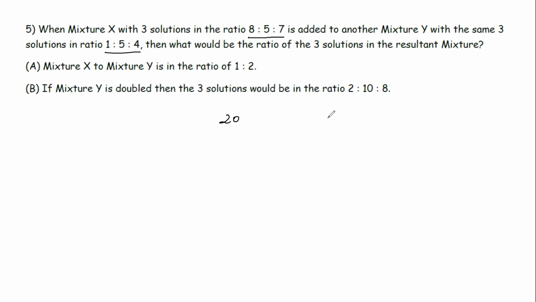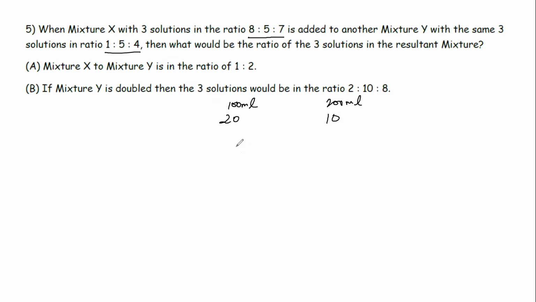So we can assume that these numbers themselves are the quantities. Like we can assume it to be 100 ml out here, and we can assume it could be 200 ml out here, and solve it in that fashion.